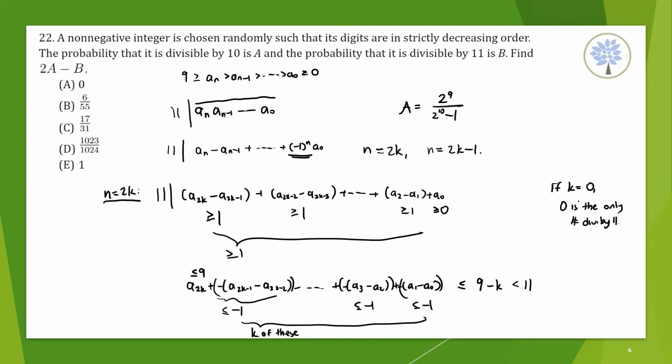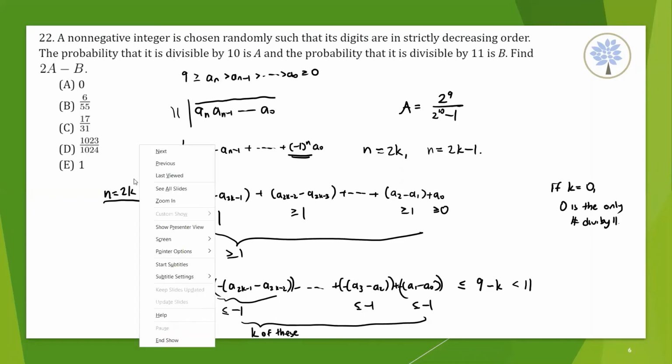So if k is not 0, then in fact there are no other non-negative integers of this form where n equals 2k such that their alternating sum is divisible by 11, and therefore 0 is the only number of this form such that it is divisible by 11.